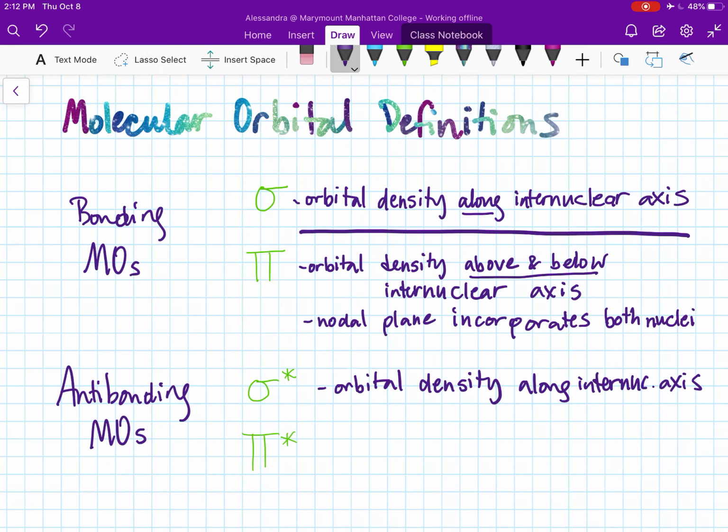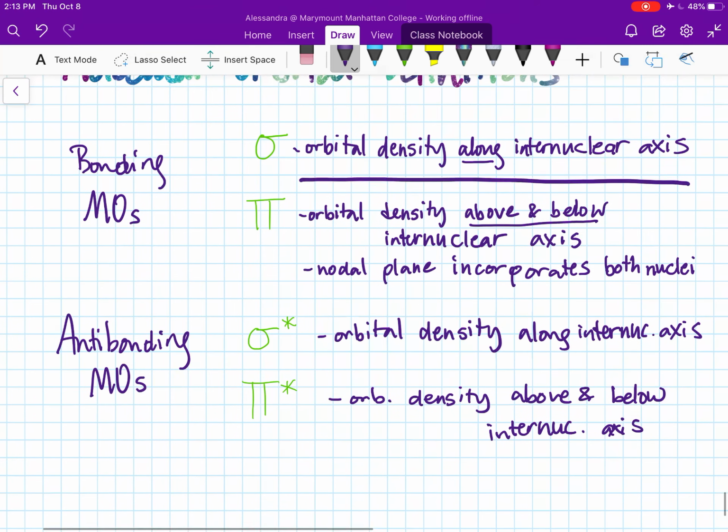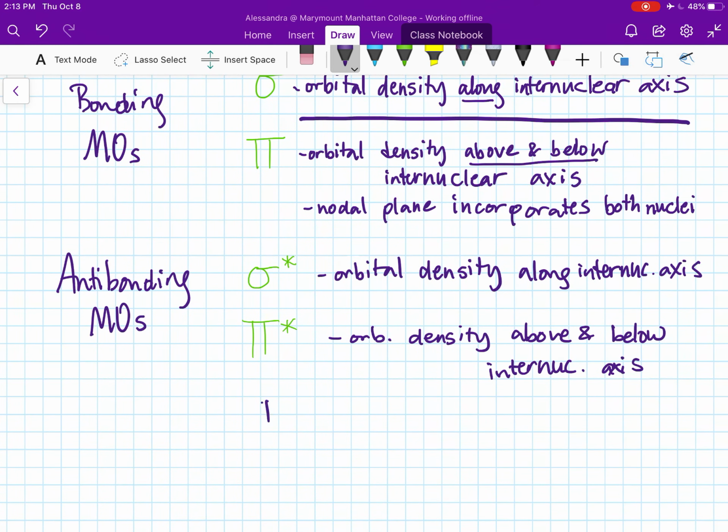For pi star, once again, you have the orbital density above and below that axis. Okay, what does this look like? So for both of these, for both the sigma star and the pi star anti-bonding molecular orbitals, there is a nodal plane.